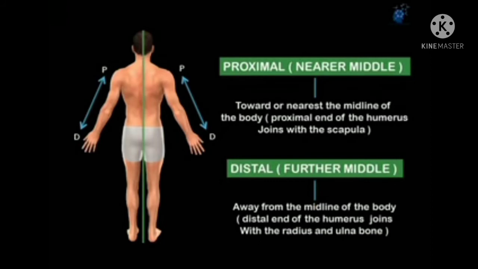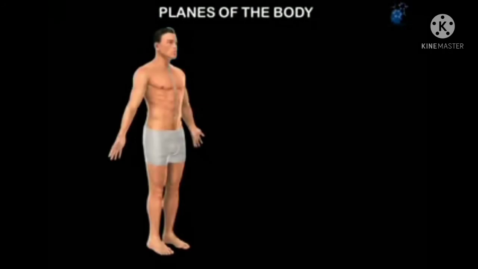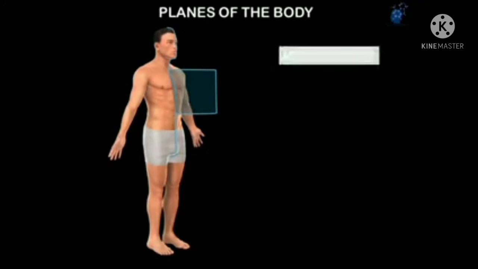Now we will discuss the different planes of the body. As you can see on your screen, the plane which divides the body into left and right sides is known as the median plane.